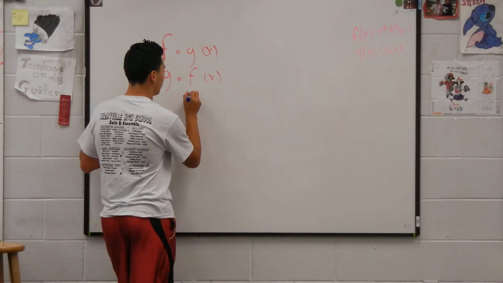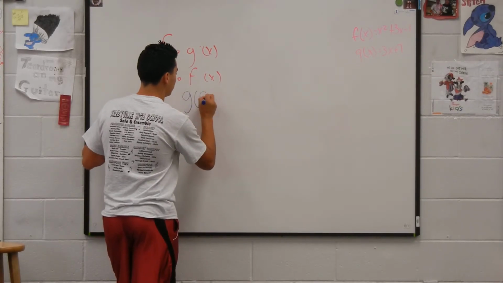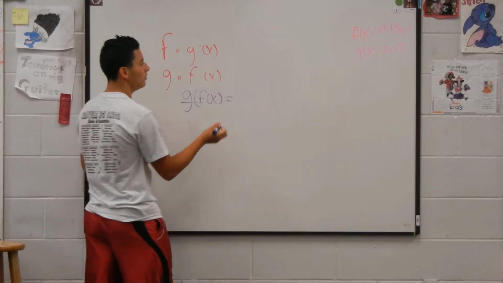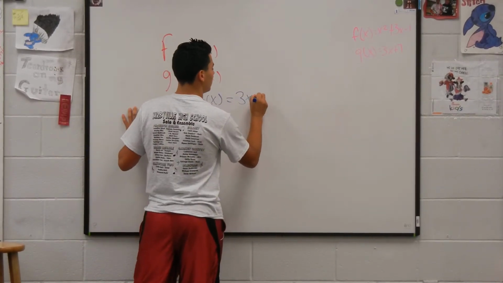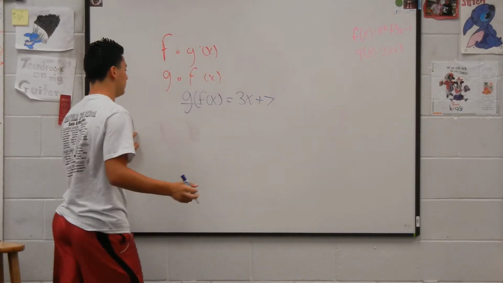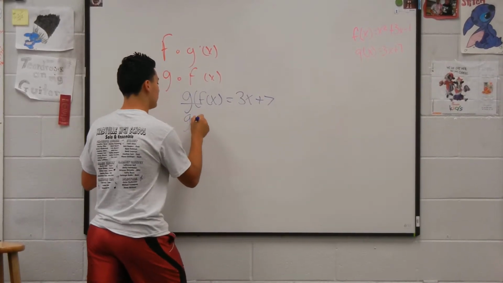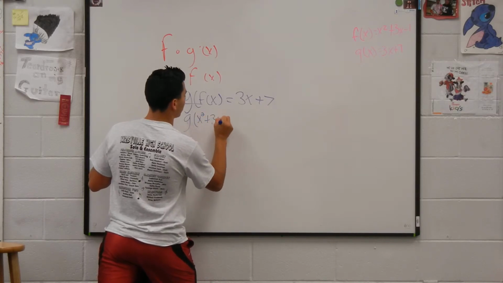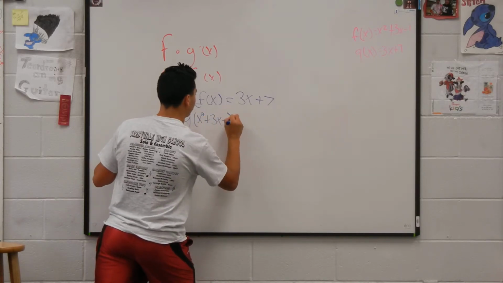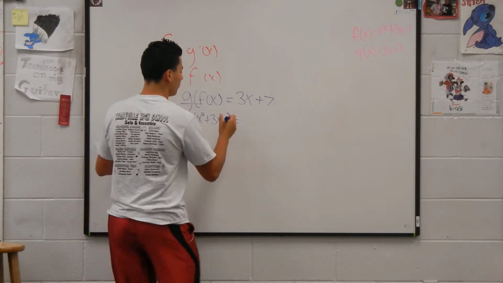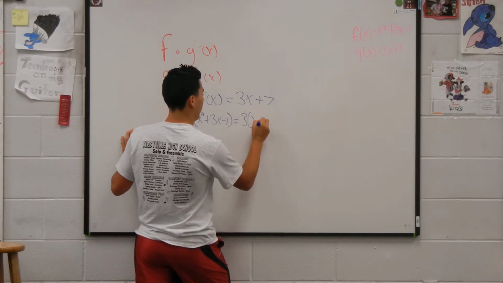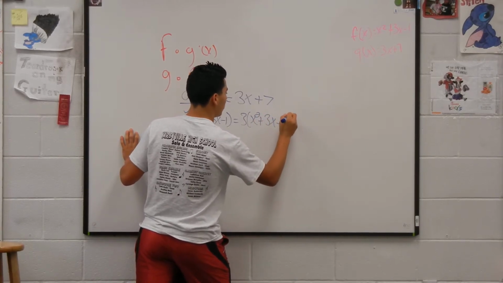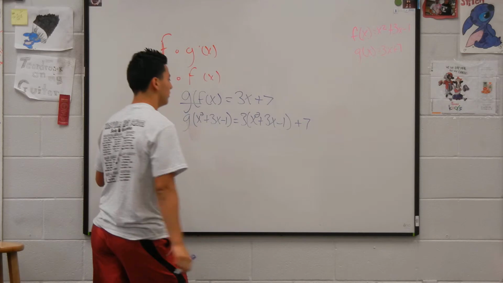Let's try it out. g of f of x equals, you already know, 3x plus 7, and substitute the f of x, which is x squared plus 3x minus 1, equals 3 times (x squared plus 3x minus 1) plus 7.